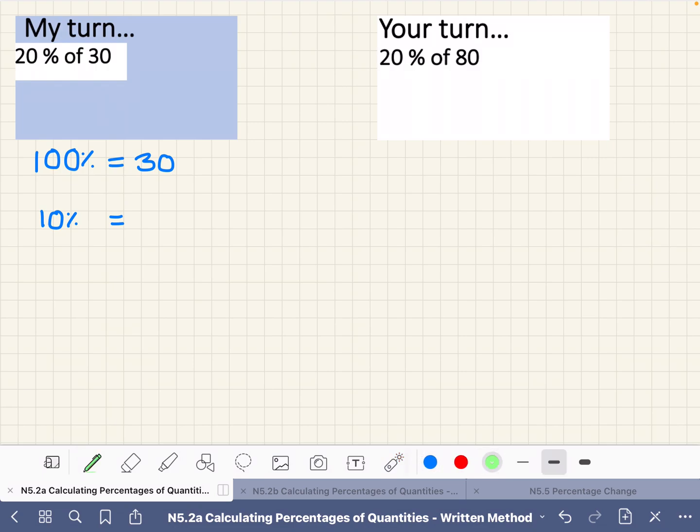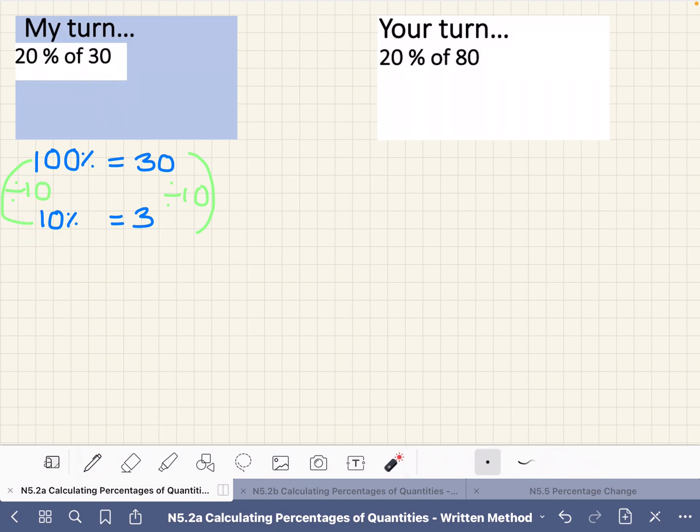Now there are 10 tens in 100, therefore we would divide by 10 for our percentage. Now if we divide by 10 on this side, we would also need to divide by 10 on this side. So we should be mirroring what happens on the other side. That gives us 30 divided by 10 is 3. So 10% of 30 is 3.